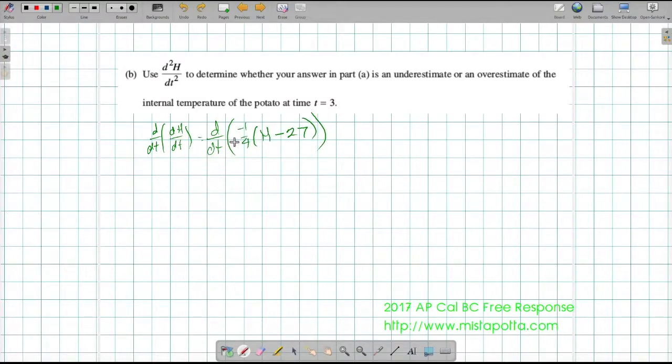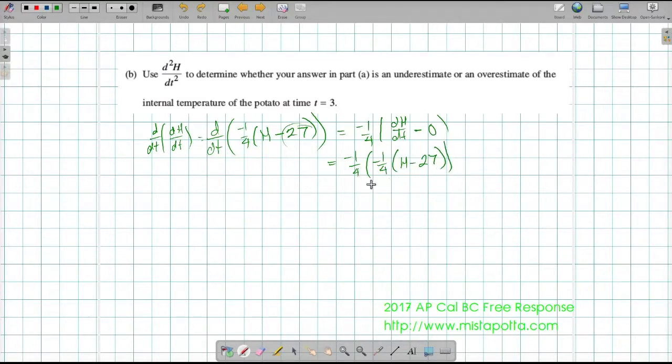So if I take the derivative of a scalar multiple, that negative 1/4 will stay there. The derivative of h is dh dt minus the derivative of 27, that's a constant. So I really end up with negative 1/4 times dh dt, which is negative 1/4 times h minus 27.